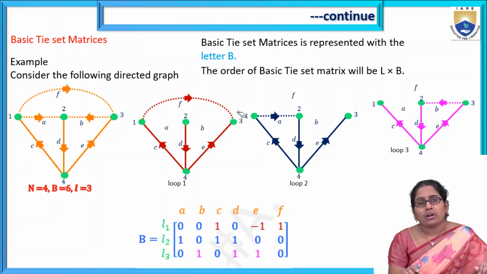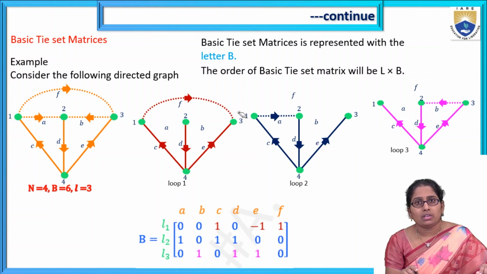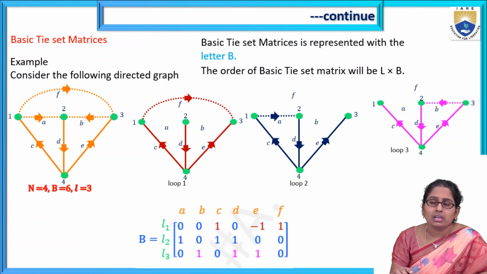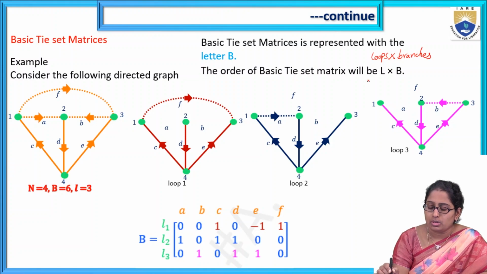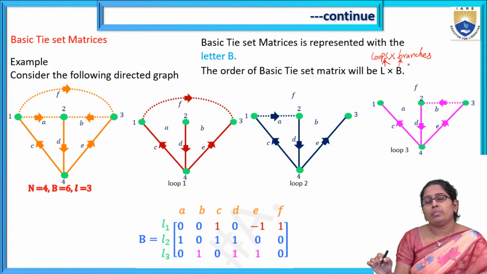Here, to write down the tie set matrix, first thing we need to know is this matrix is represented with the capital letter B, and the order of the tie set matrix is given by L by B, where L represents the number of loops and B represents, as we already know, branches.